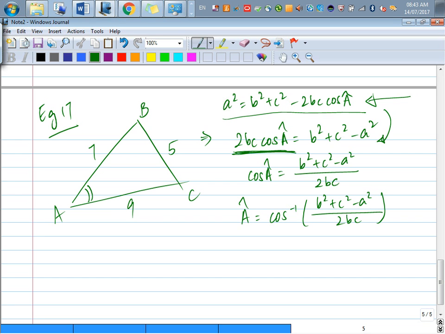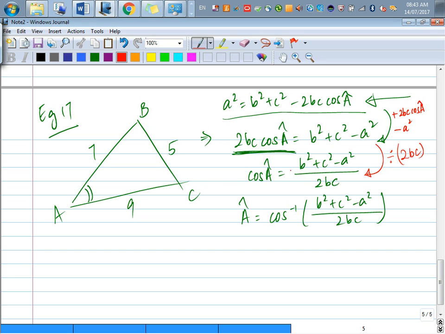From here to here, what I did was to add 2BC cosine A, then I minus A squared on both sides. I just used 2 steps. I just combined 2 steps into one. Then from here to here, I divide both sides by 2BC to make cosine A the subject.